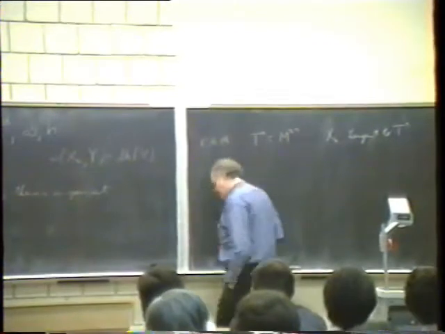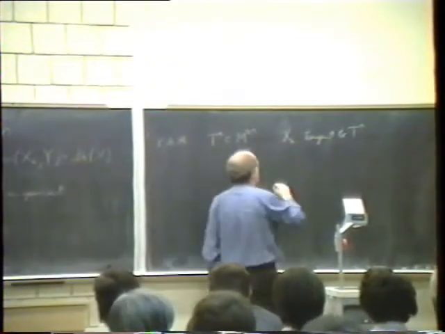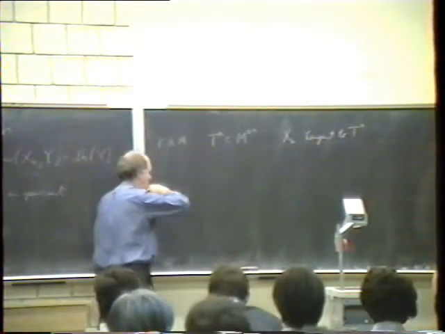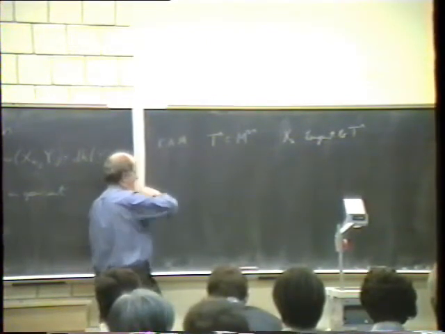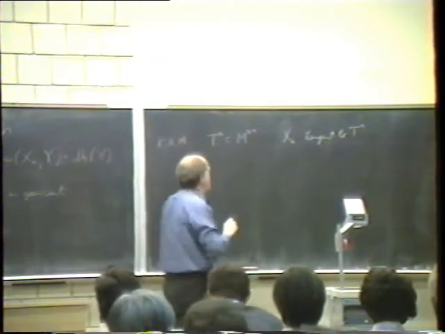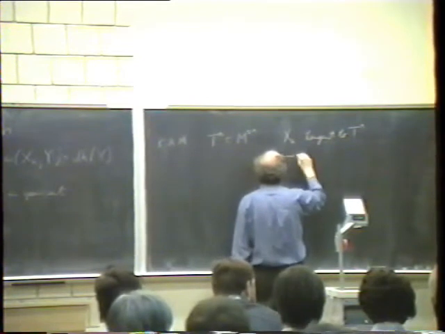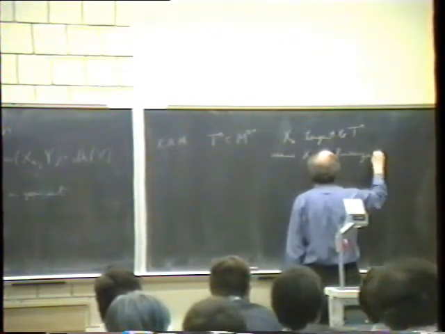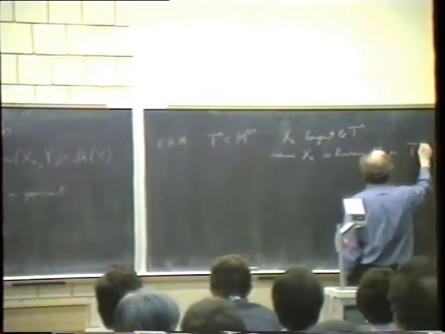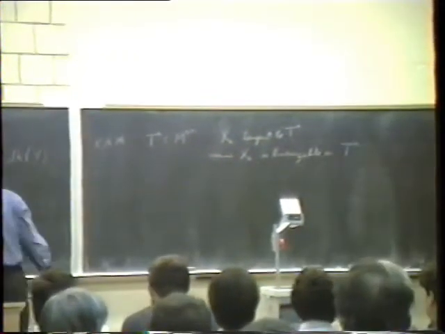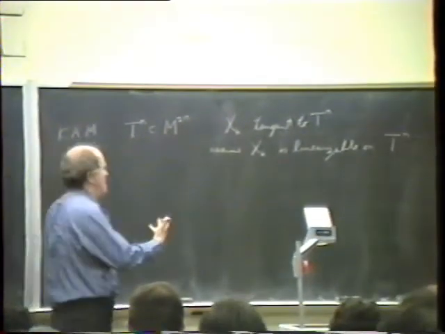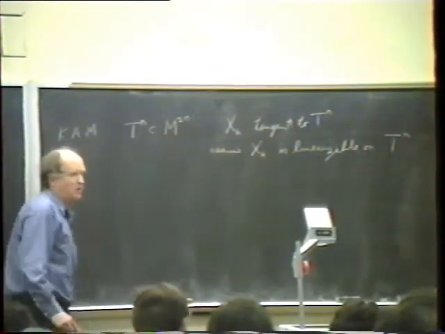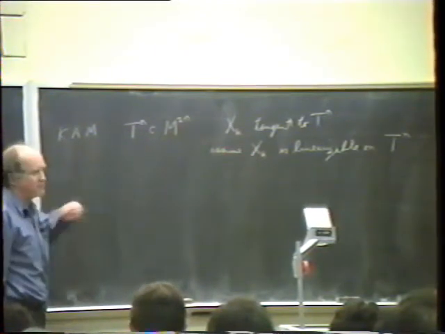And in fact, you assume that xh is linearizable on Tn. By linearizable, I mean that I can find a coordinate transformation of Tn to itself, which changes this to a linear vector field. And then the time variable comes from integrating the vector field.